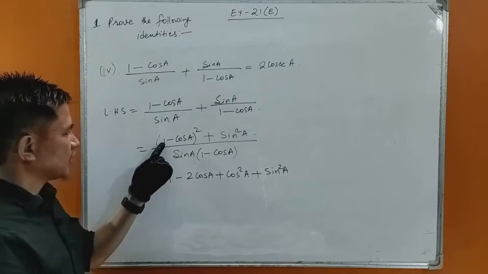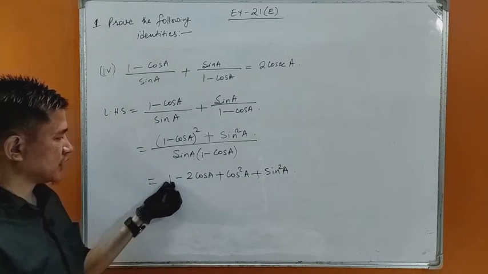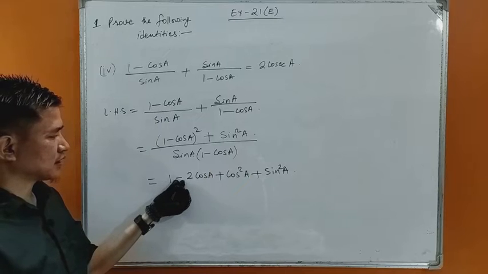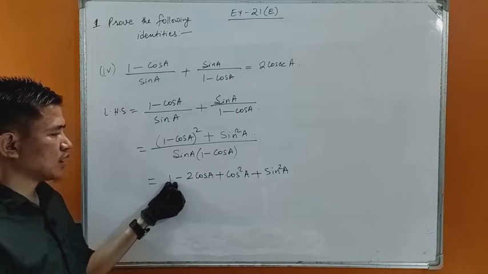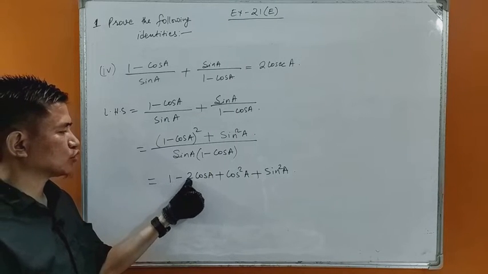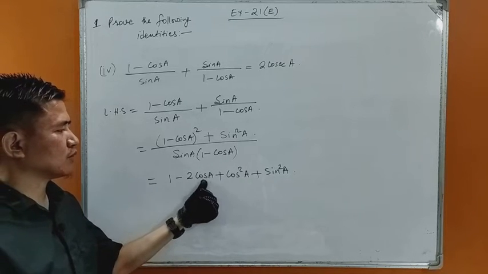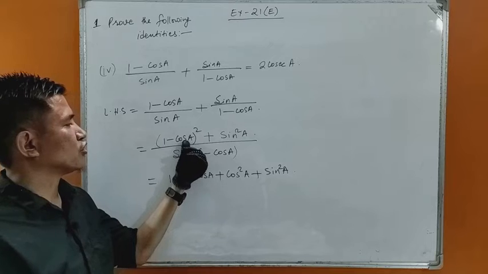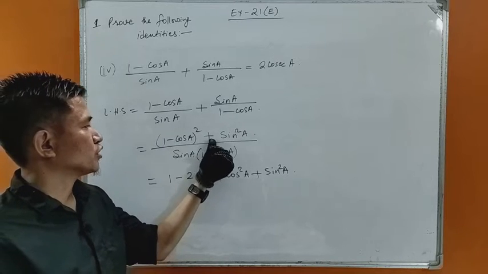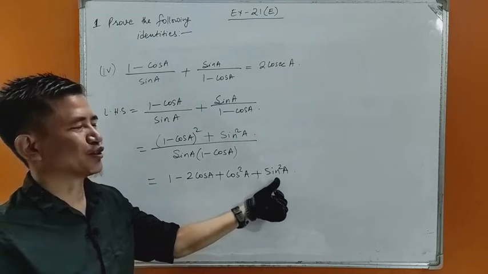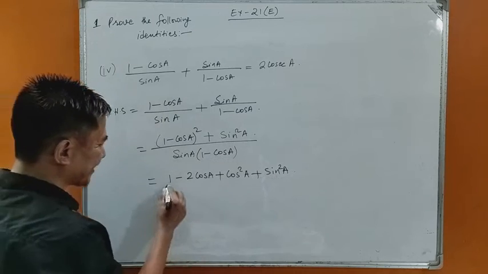Are you getting me? A minus B whole square means A square, that is 1 square, is 1, minus 2AB. 2 into 1 is 2, B is cos A. 2AB plus B square means cos square A. This plus comes here and this is sin square A. Okay.